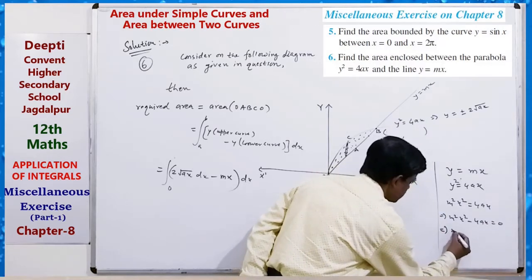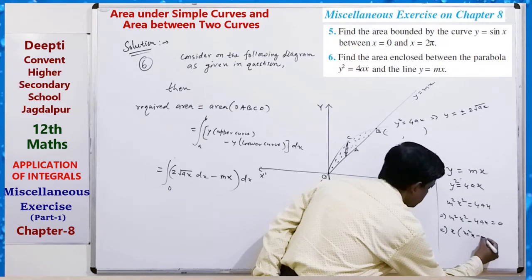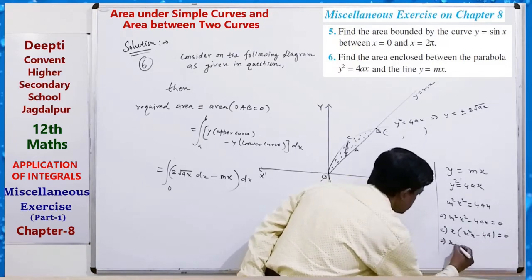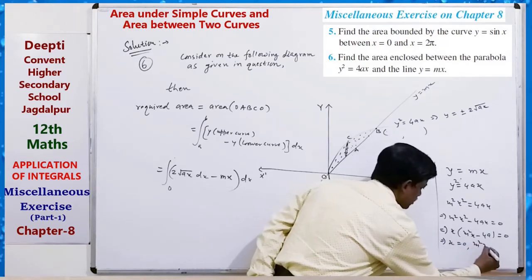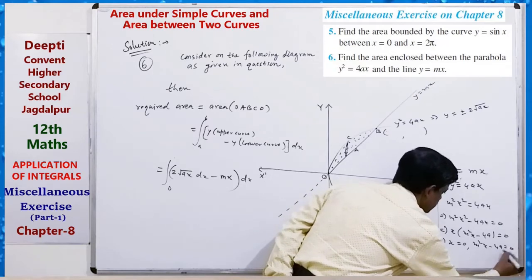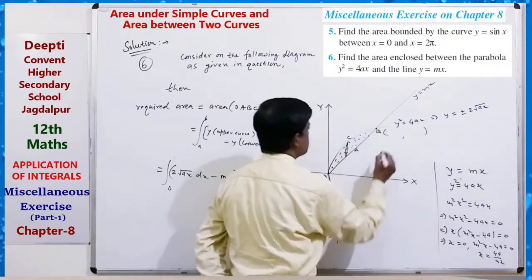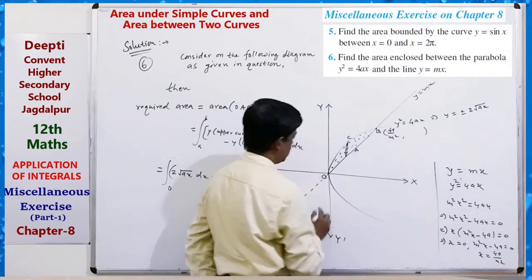So here x can be taken common. So x times (m square x minus 4a) equals 0. So x equals 0, one point, and m square x minus 4a equals 0, that is x equals 4a by m square.